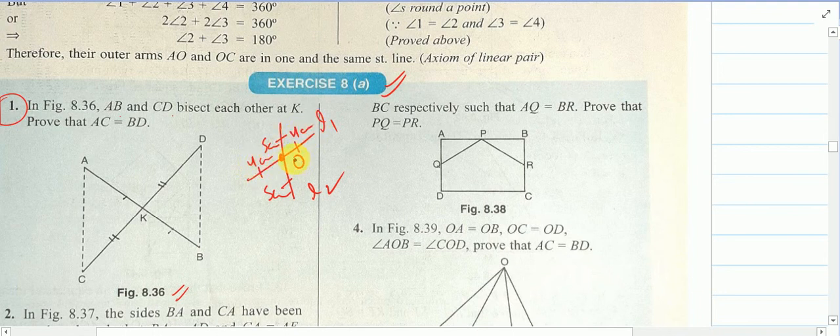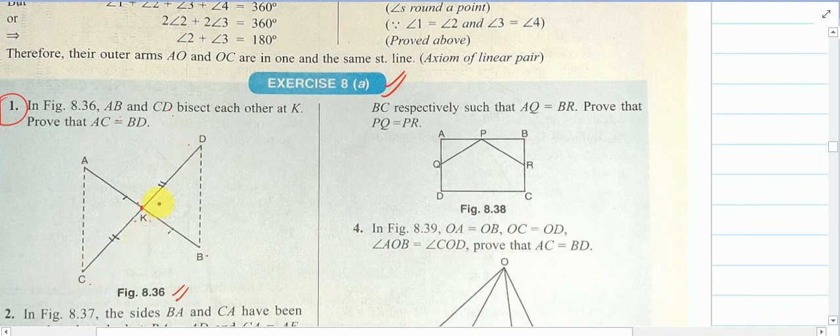So in this question it's saying that your AB and CD, this is your AB, this is your CD, and they are bisecting each other at point K. It means that K is the midpoint, so AK will be equal to KB and CK will be equal to KD.